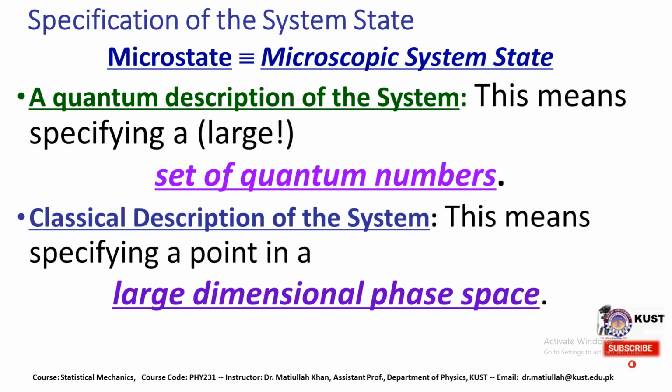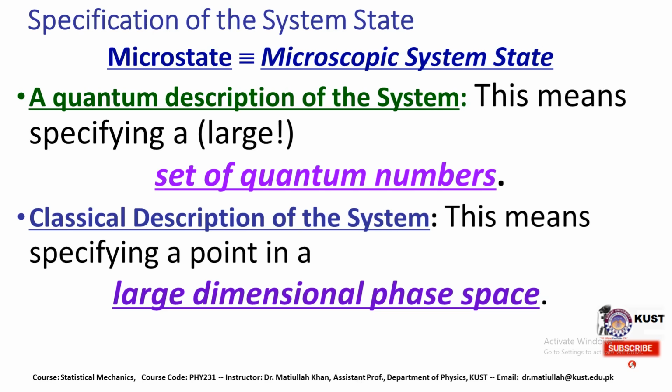The specification of the microstate is just like when we are discussing the detailed information about that particular system, or in other words you can say which particle is at which place, or which particle has been assigned that particular energy level, and if we are moving toward understanding the nature of each particle involved in that system, that is actually the specification of the microstate of that particular system. Or in simple understanding, the macrostate is the macroscopic system state.